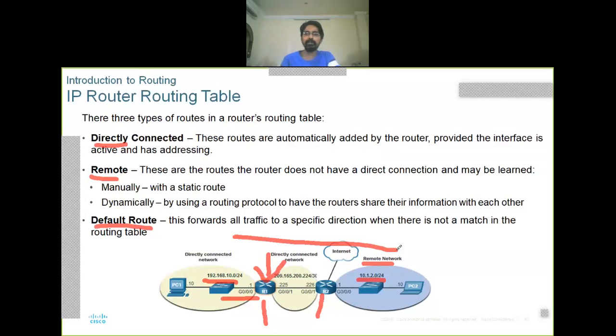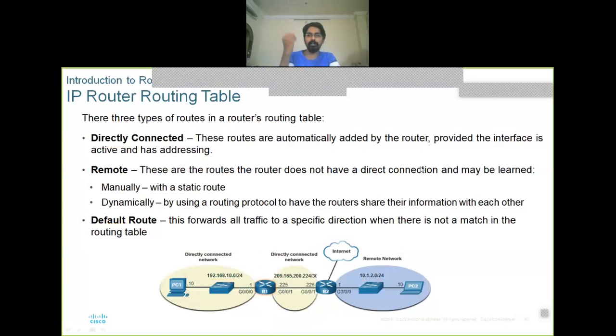In this case, if there is no match in the routing table, all this kind of traffic is directed to a specific direction. This is called the default route. So basically we have three important routes in a router: directly connected, and remote. In remote we have manual and dynamic, and the last one is the default route. Right.